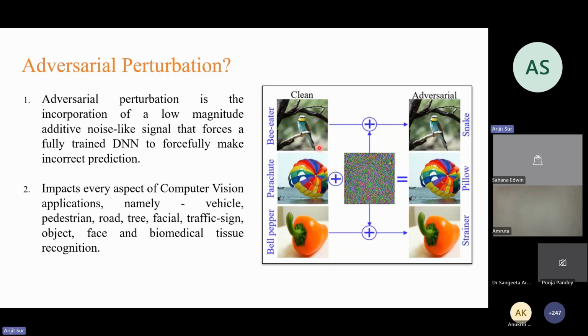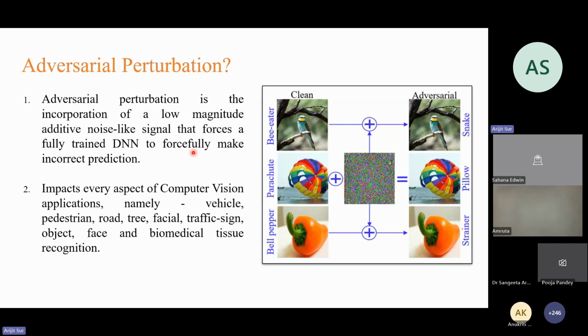Here, a bird is misclassified as a snake, a parachute is misclassified as a pillow, and so on. These are the basic ideas.